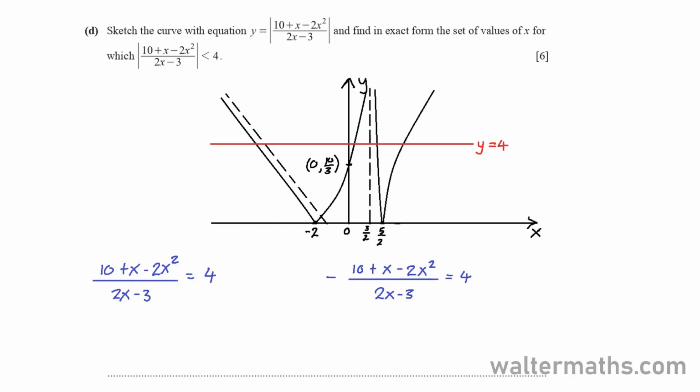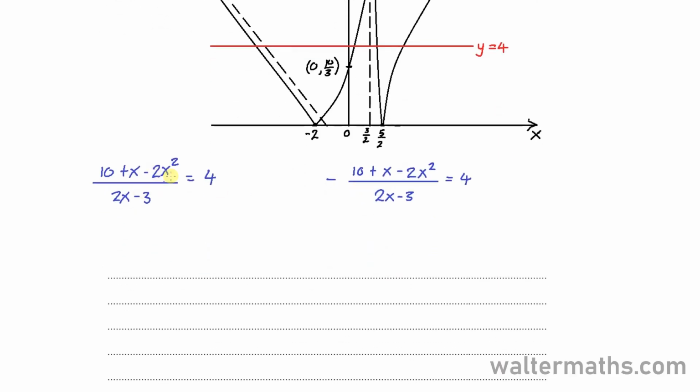So let's solve these two equations for x. So for this first one here, we have 10 plus x minus 2x squared, and it will be equal to 4 of 2x minus 3. That's 10 plus x minus 2x squared equal to 8x minus 12.